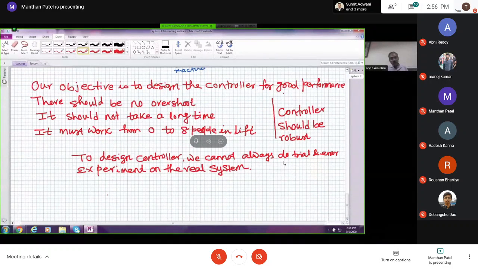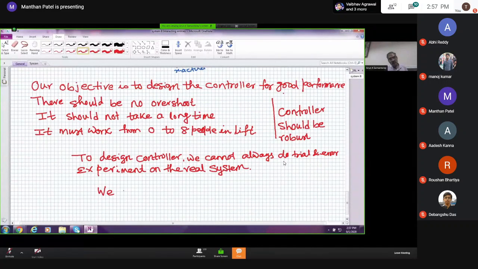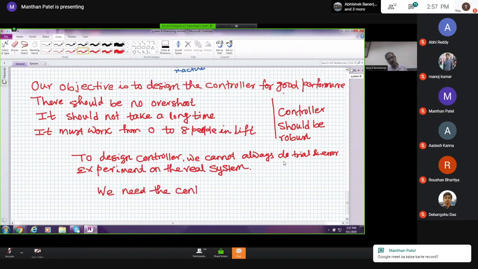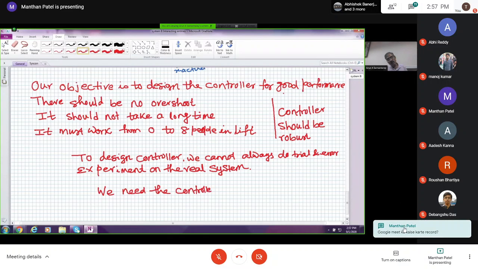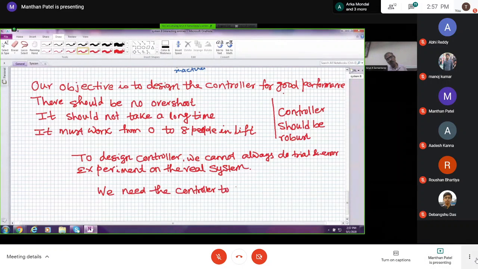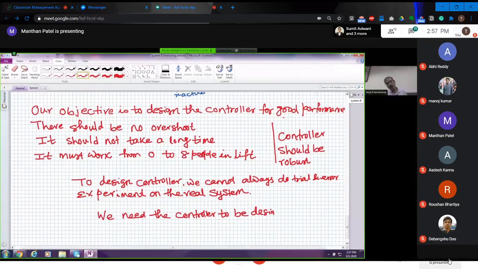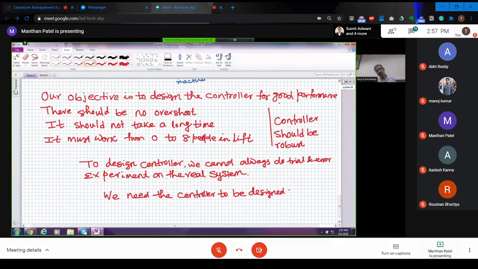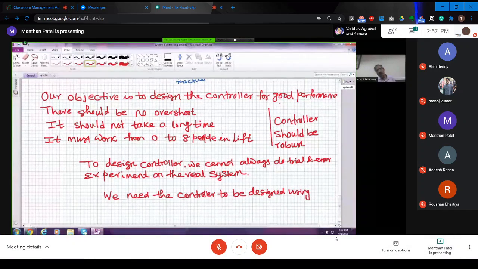What we need is the controller to be designed using a model of the system.